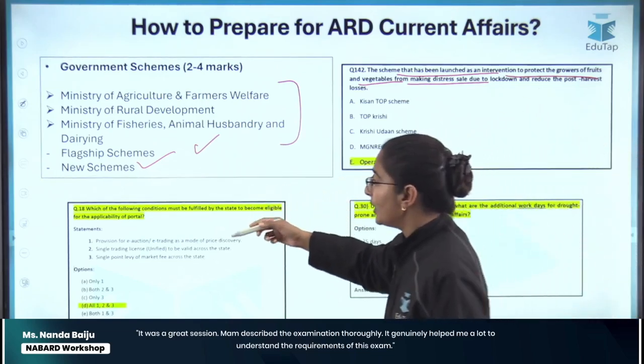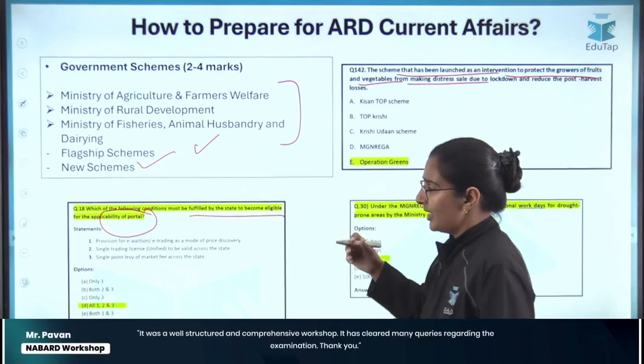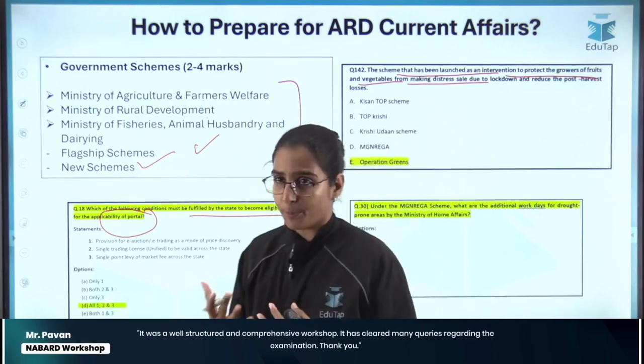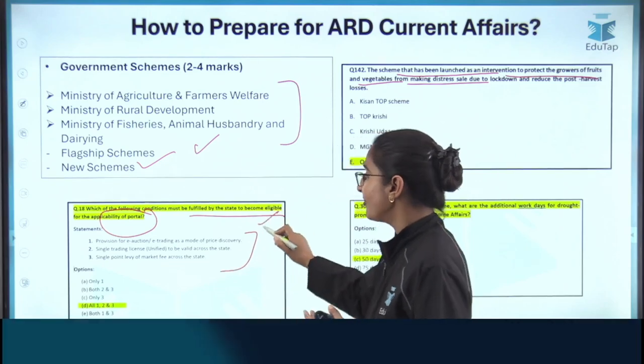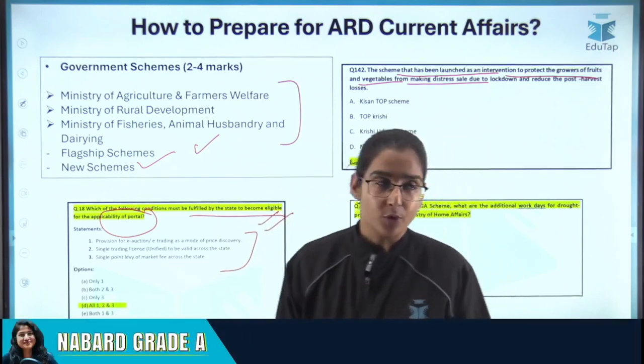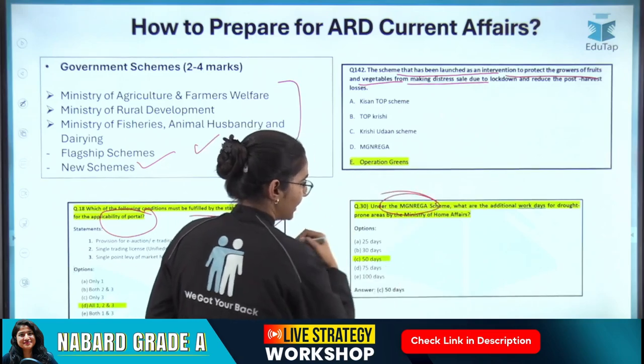The second question was about a portal. It was basically asking which of the following portals, and they have given a lot of options and the definition of the portal. And third, they have asked about the NREGA scheme.